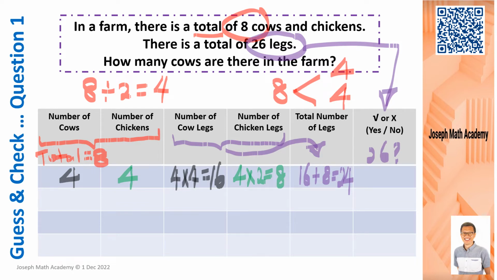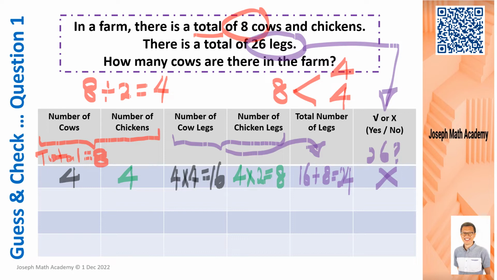So we are unable to have the correct first guess. Since our total is 24, it is 2 legs fewer than the required criteria, meaning we need to increase the number of legs.